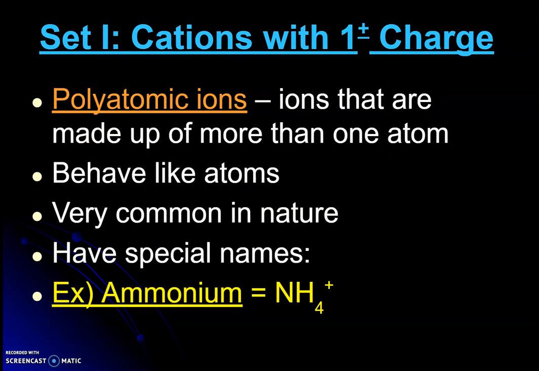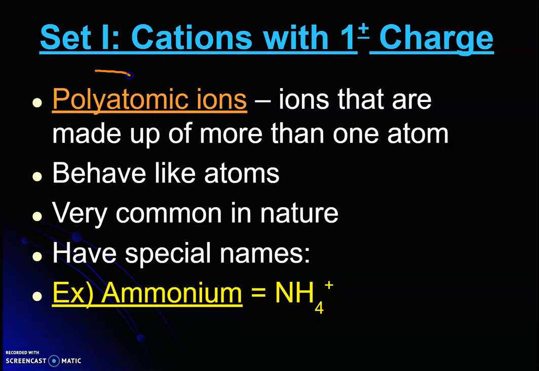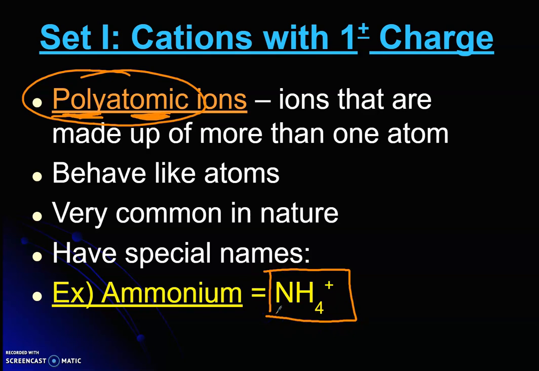All right, and then you'll see that there is one very special thing here that you've never seen before. This is something called a polyatomic ion. Poly meaning many, atom meaning elements, so many elements that make up this ion. It's like this little wannabe gang of elements that pretends it's an element, but it's not.